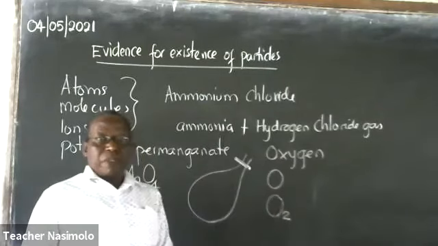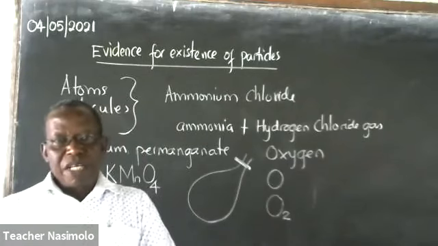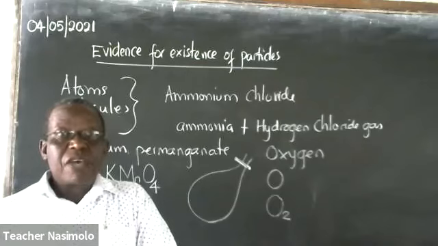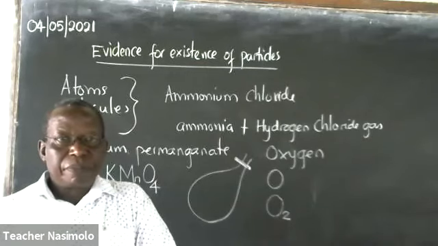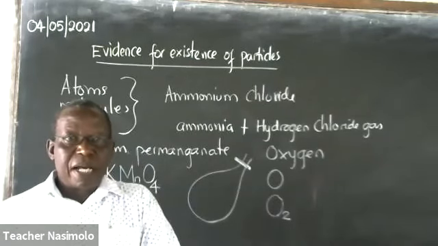Later on, we shall be defining what we mean by an atom, a molecule, and ions. We shall know that, don't worry. But it does not prevent you from reading ahead.